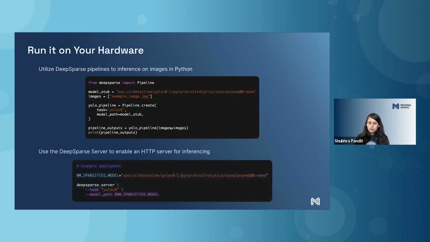Or you can deploy a sparsified model onto a local DeepSparse server, and run inference on your images over HTTP. You just point to the model that you want to use and call the deepsparse.server command.